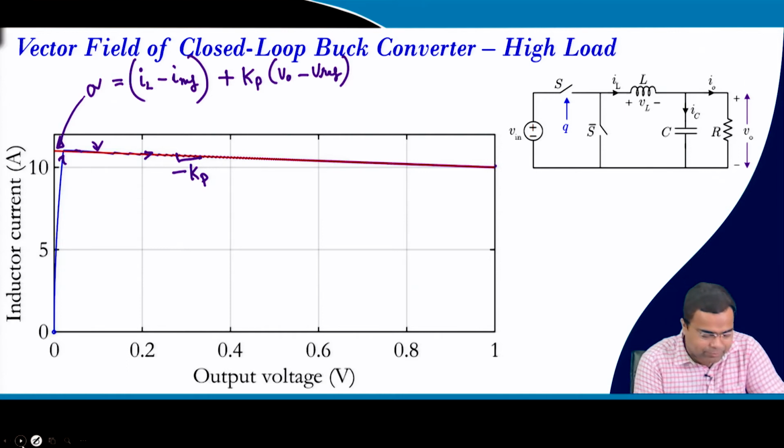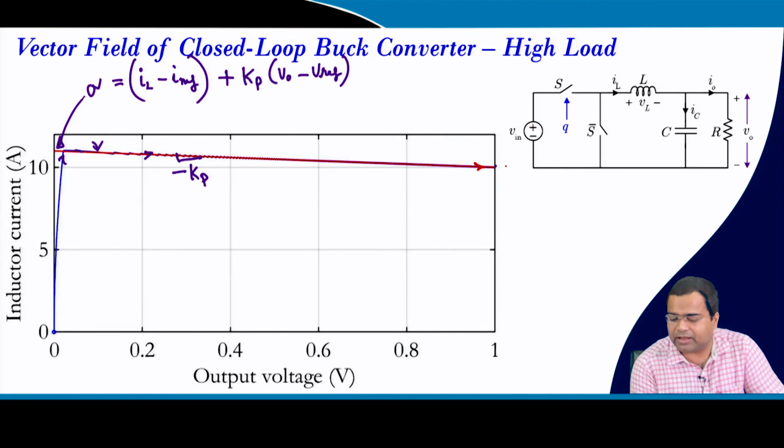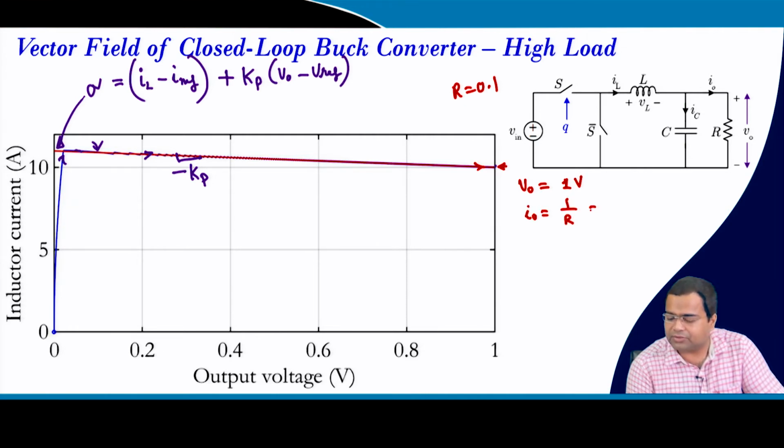So, this is the desired point, where the load R is chosen equal to 0.1. That means our output voltage should reach 1 volt and output current should reach 1 volt by R, which is nothing but 10 ampere, and that is somewhat what is coming.